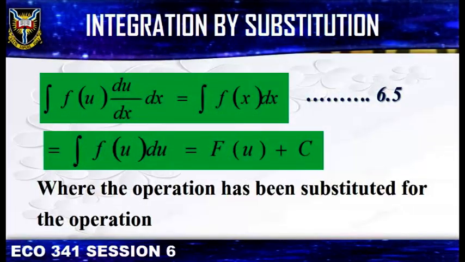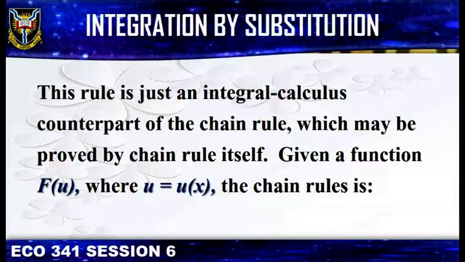Integral f of u du dx dot dx is equal to integral f of u du. Equation 6.5: integral f of u du is equal to f of u plus c, where the operation integral du has been substituted for the operation integral dx. This rule is just an integral calculus counterpart of the chain rule, which may be proved by the chain rule itself.